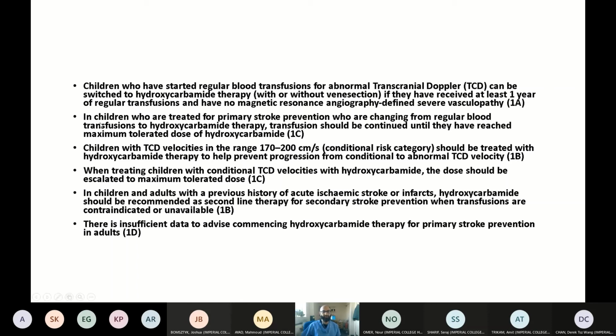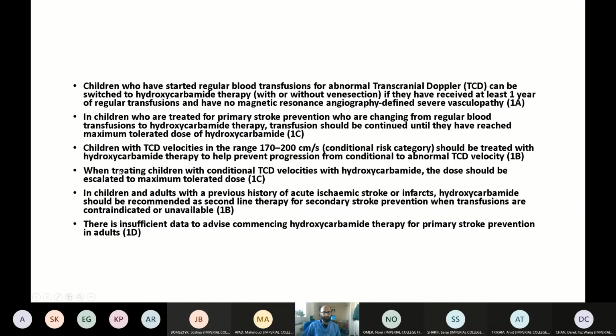But there have been some studies looking at patients who have been on transfusions for raised transcranial Doppler velocities for 1 year, and then switching them to hydroxycarbamide. So there was a randomized study of switching to hydroxycarbamide or continuing on transfusions, and in that situation there was no significant difference in the stroke events in patients who switched to hydroxycarbamide.